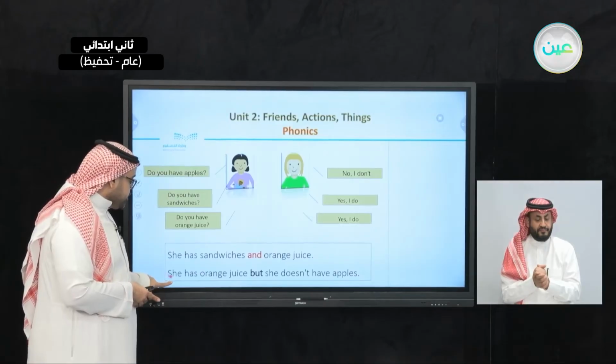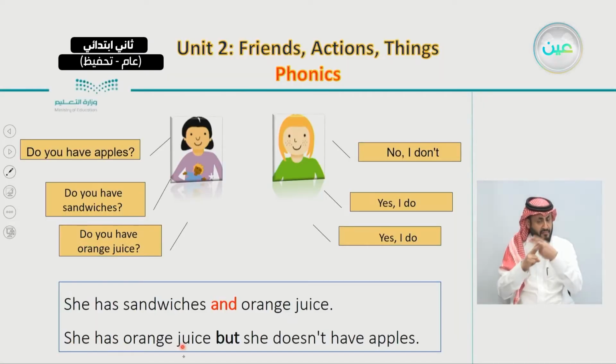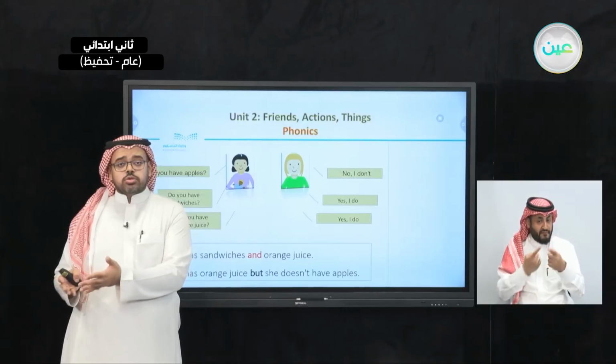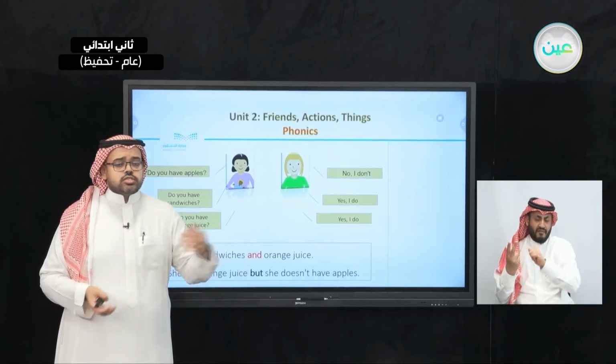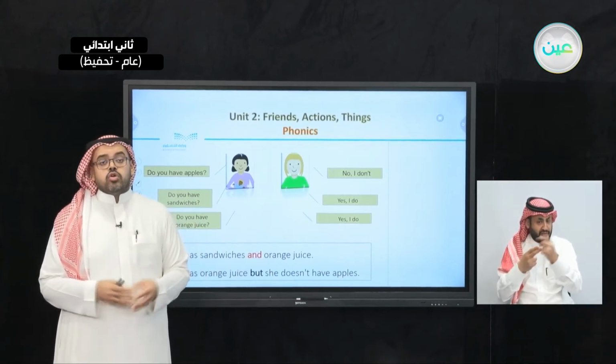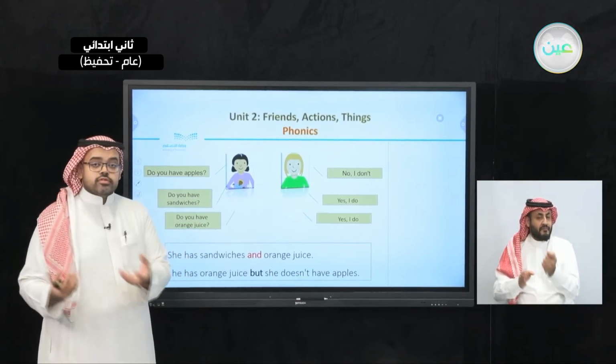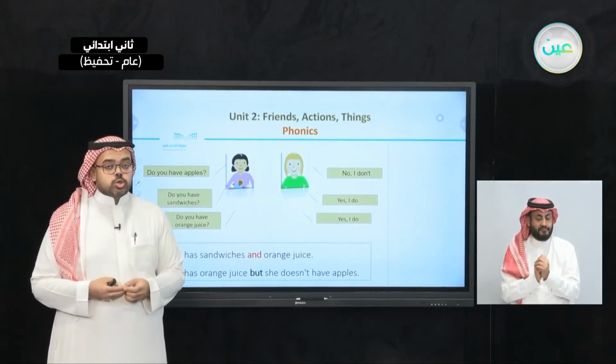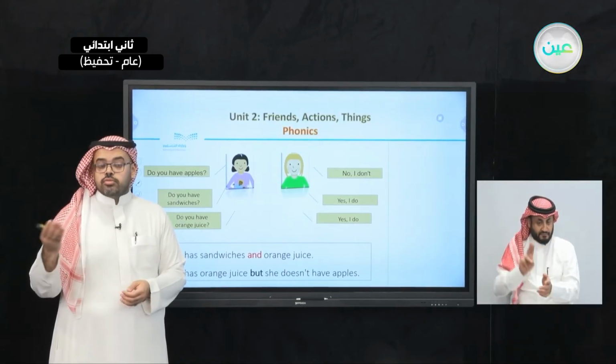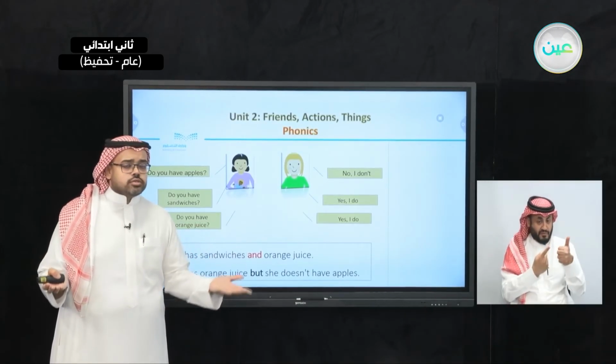And here with the second one, she has orange juice, but she doesn't have apples. So when something is good and something is not good, we usually use but.